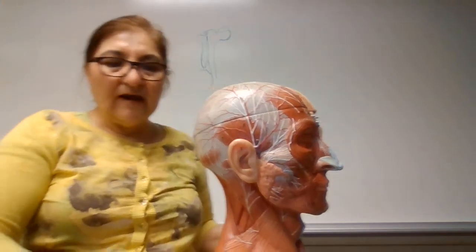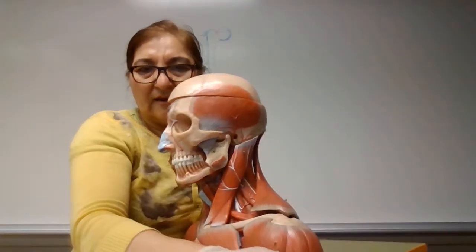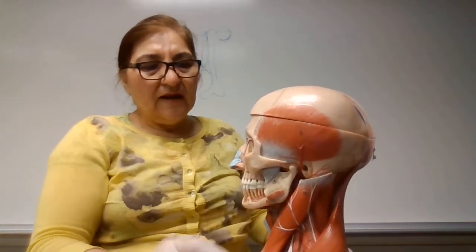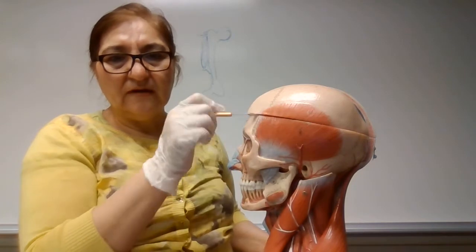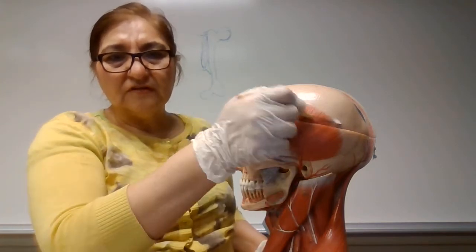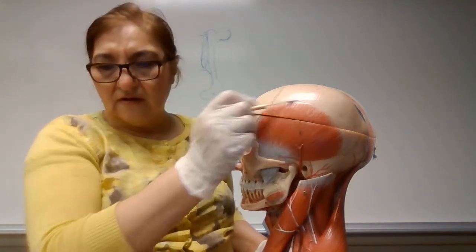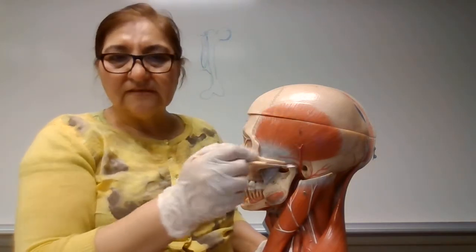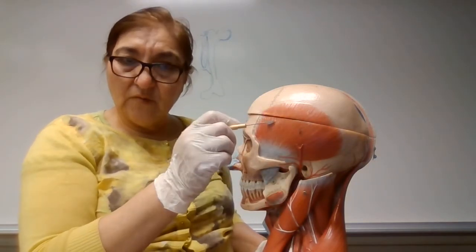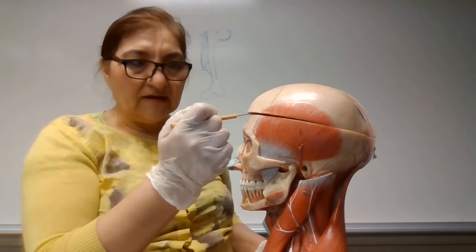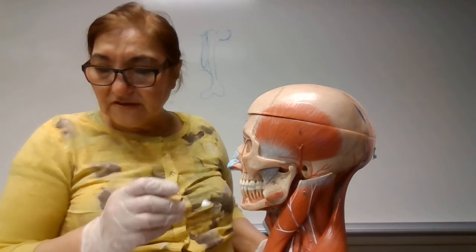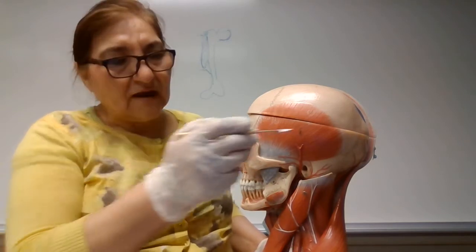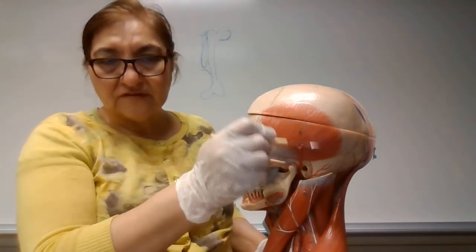And the other muscle, deeper than that muscle, is the temporalis. Temporalis is right on the parietal bone. This is your parietal bone. Remember, the two lines were superior and inferior. This is the temporal line on the parietal bone. That muscle originates there. This is the temporal muscle. The origin is the superior and inferior temporal line of the parietal bone, as I told you.